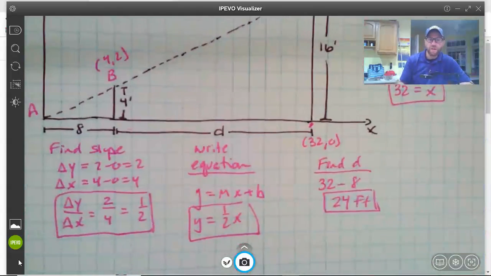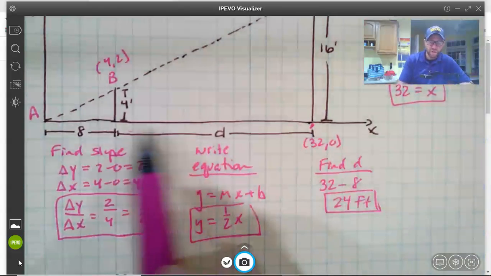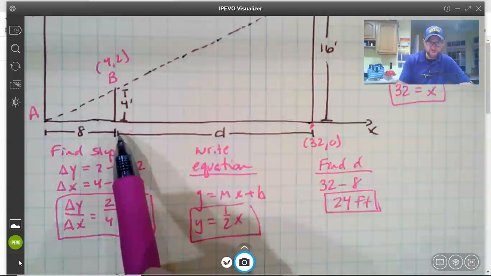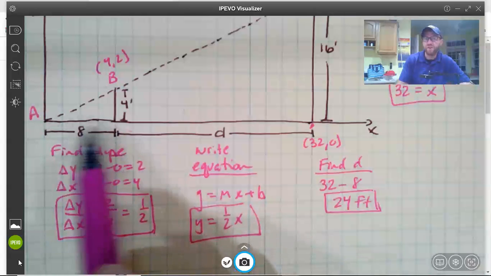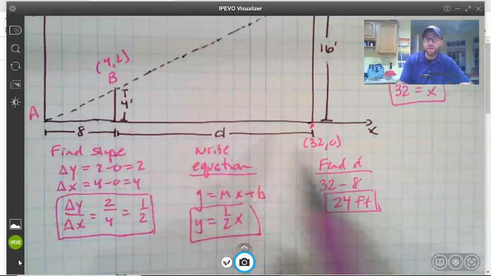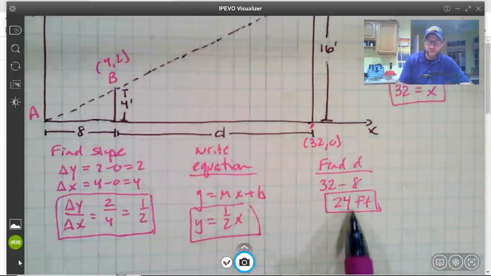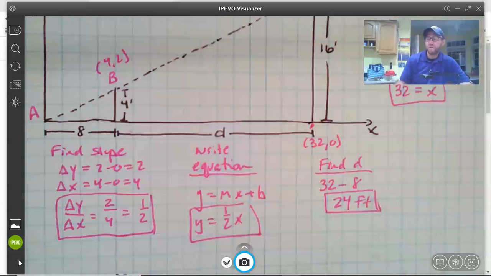But of course that didn't tell us what the distance was to the student, because we have to take off the 8 feet for the shadow first to find this distance d. So finding d was 32 minus 8, or 24 feet. So the student needs to stand 24 feet away from the street light in order to have a shadow that's twice as long as they are tall.